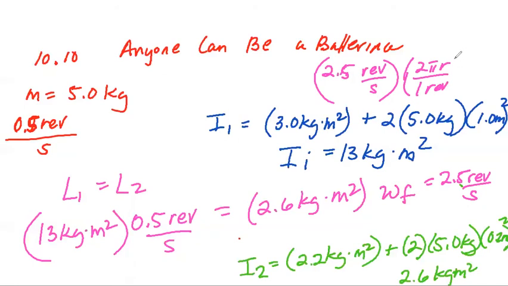And that's going to be equal to, let's see. 2 pi radians, sorry, 2 pi radian. Oh, wait a minute. I'm getting 5 pi radians per second.